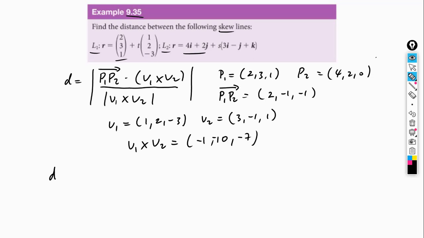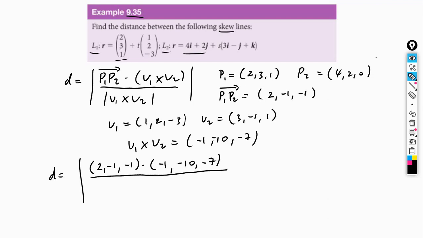Therefore, the distance is going to be the absolute value of the dot product between the vector 2, -1, -1, and the cross product of the vectors V1 and V2, which we found was -1, -10, and -7. And this divided by the magnitude of that cross product.